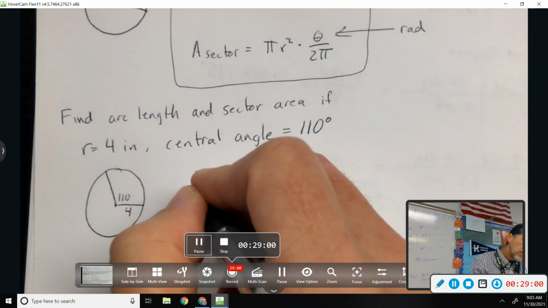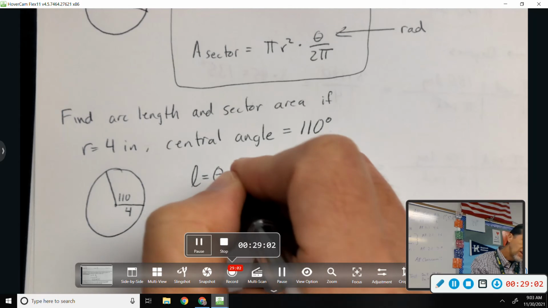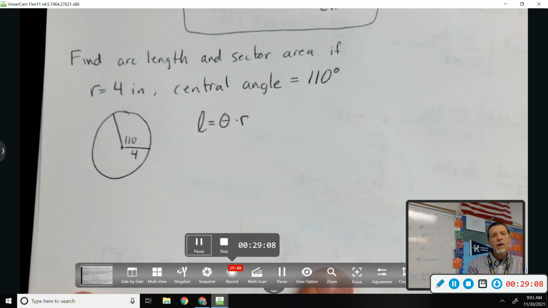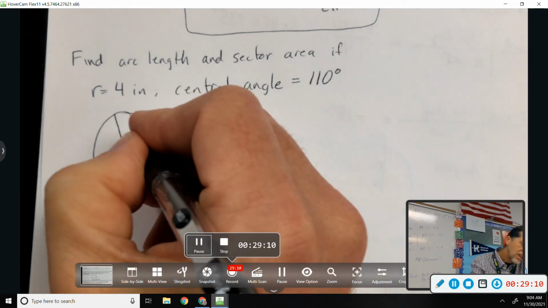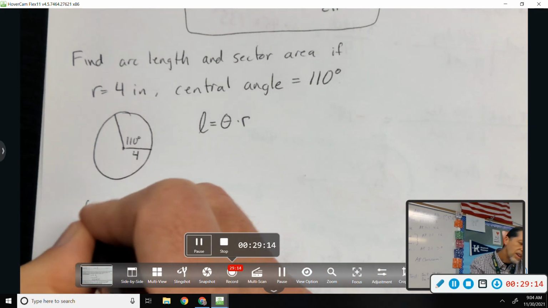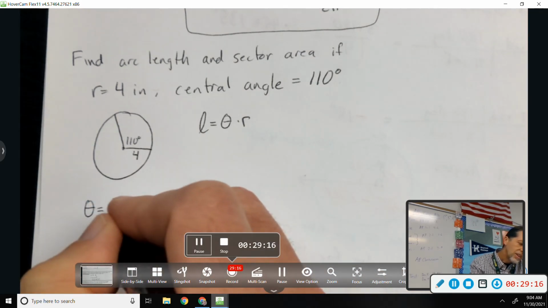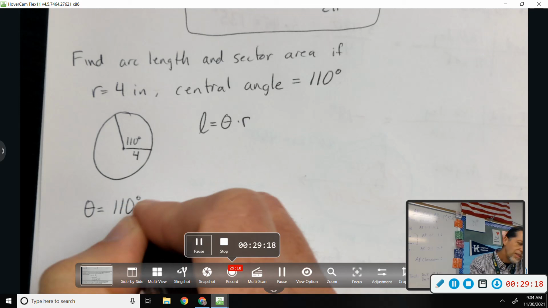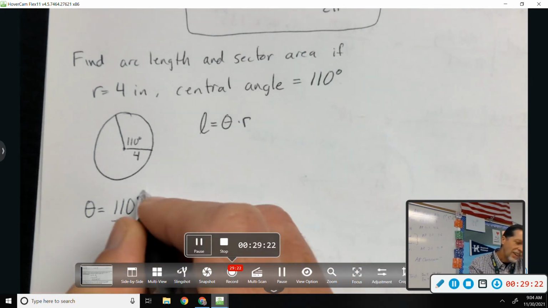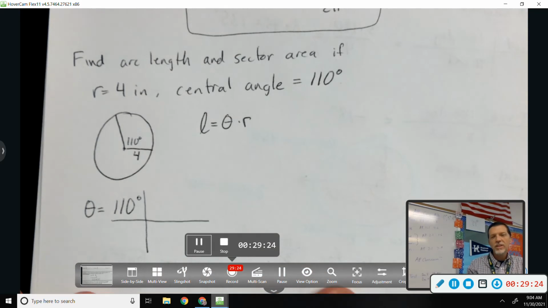So arc length is theta times r. Uh-oh. Why am I uh-ohing? What's theta equal to? In degrees, 110 in degrees. Oh, I snuck 3 problems into this one.